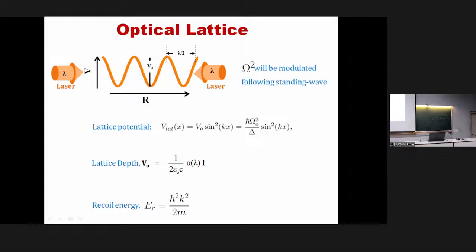So the lattice potential, if you write it in mathematical form, will be some sine square function. It is proportional to omega squared, and omega squared is proportional to the intensity of the laser. That means the potential depth is higher if you take very large, intense laser beams. Okay.